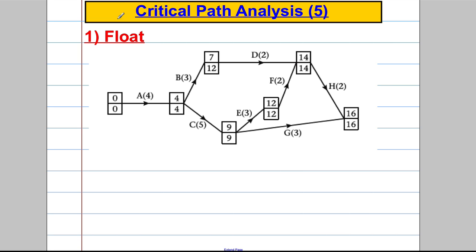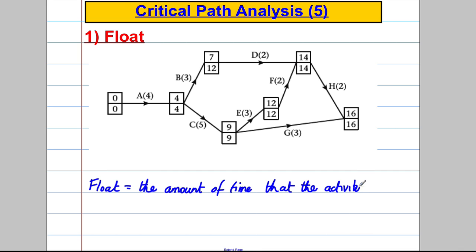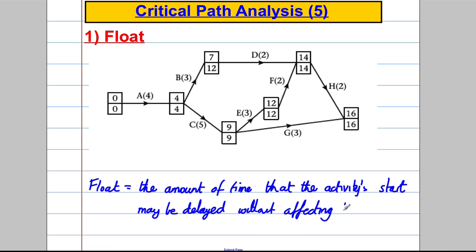Okay, the float of an activity is defined as follows. The float of an activity is defined as the amount of time that the activity's start may be delayed without affecting the duration of the project, of the entire project.